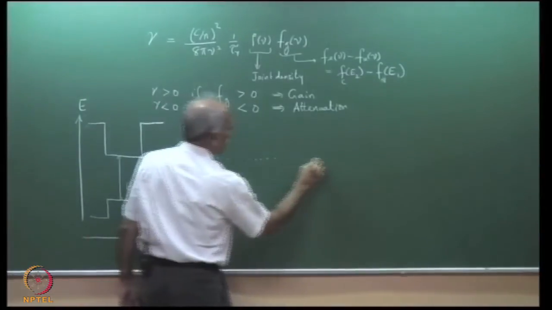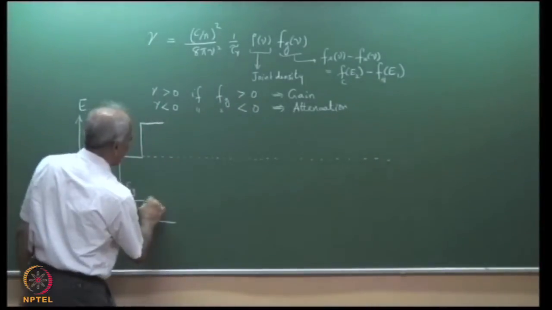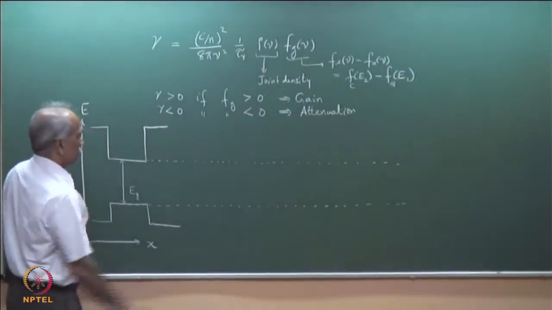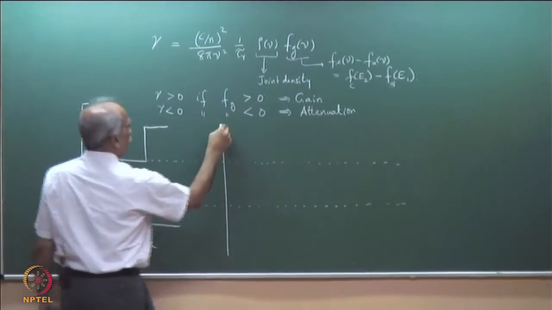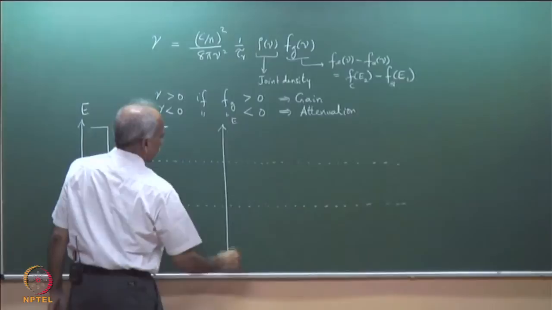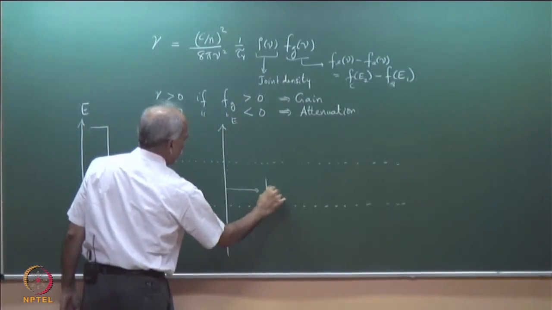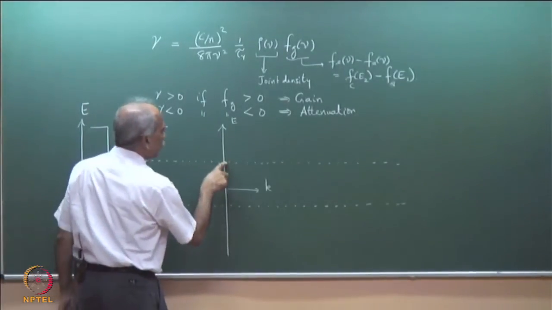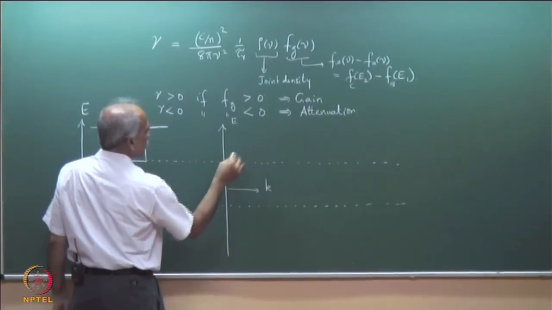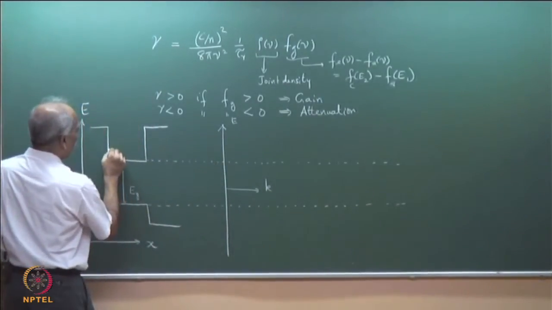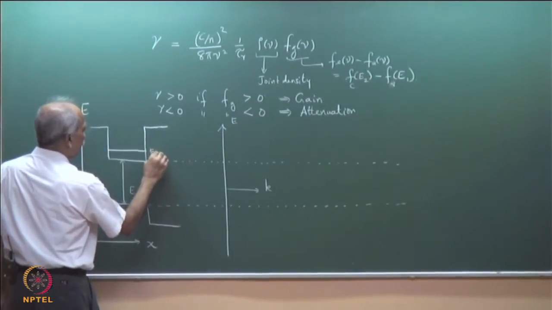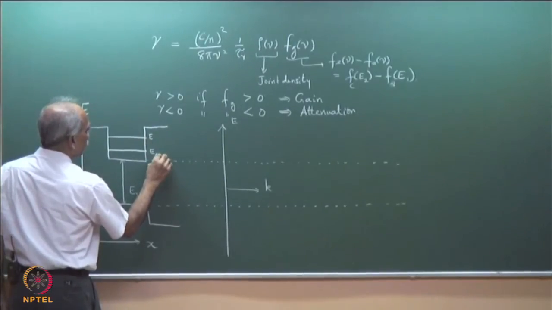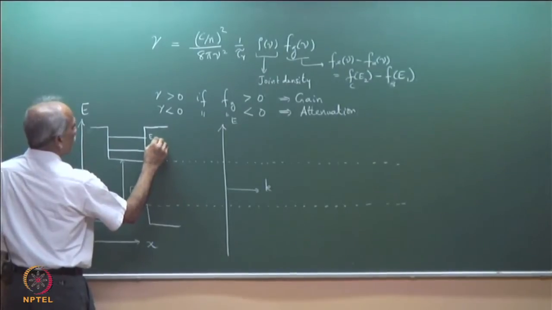Corresponding to this, I would like to draw the E-K diagram and the density of states that we have already discussed. If I plot the E-K diagram, this is E versus K. At E equal to EC, we do not have any density of states there, and therefore, in a quantum well, this quantum well supports energy states EQ1 and EQ2.